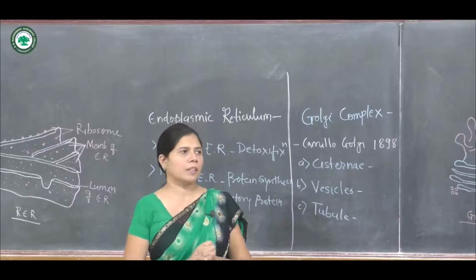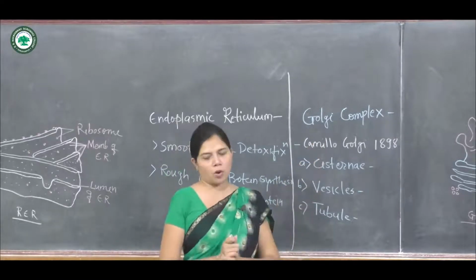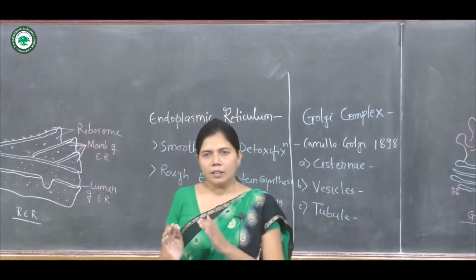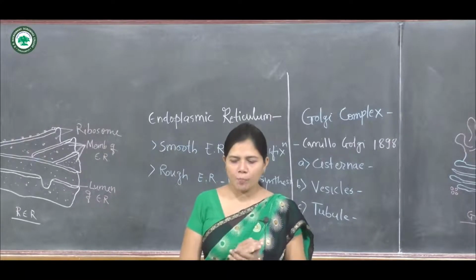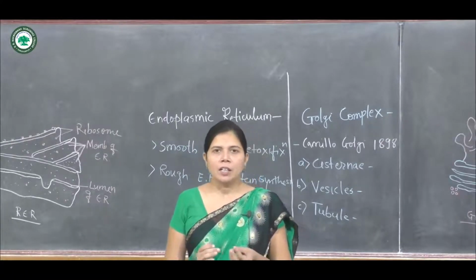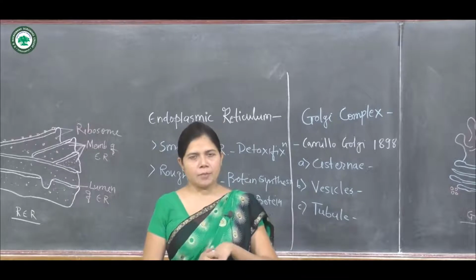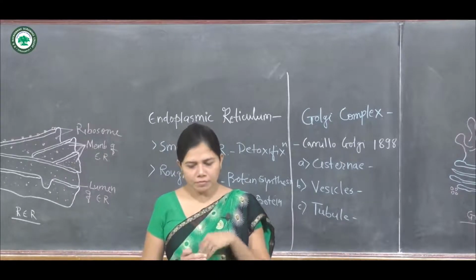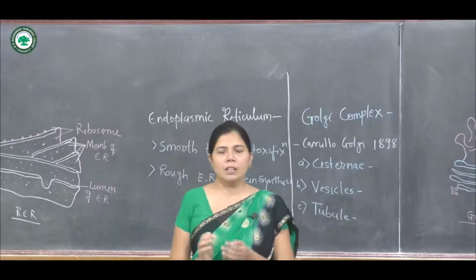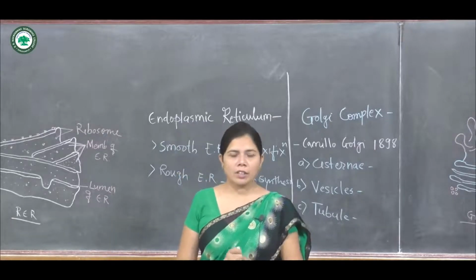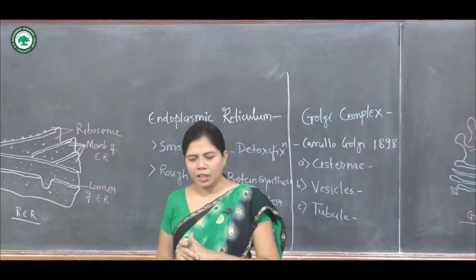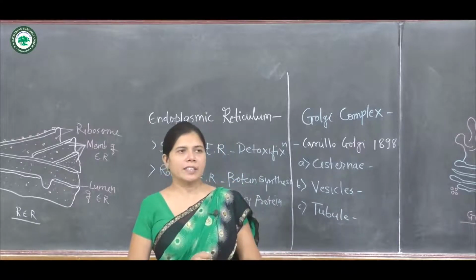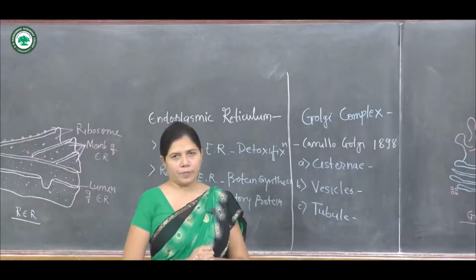In the animal cell its name is Golgi bodies or Golgi complex, but when this structure is present in the plant cell, its name is the dictyosome.